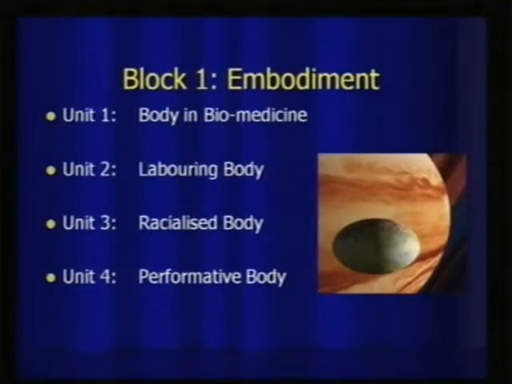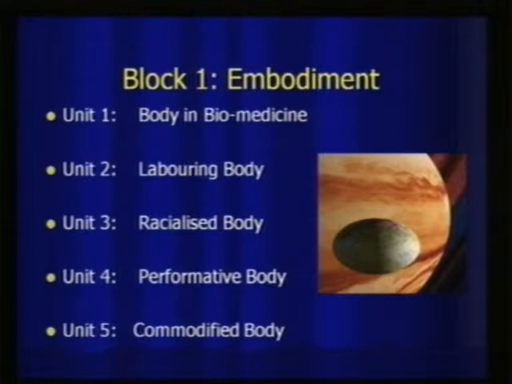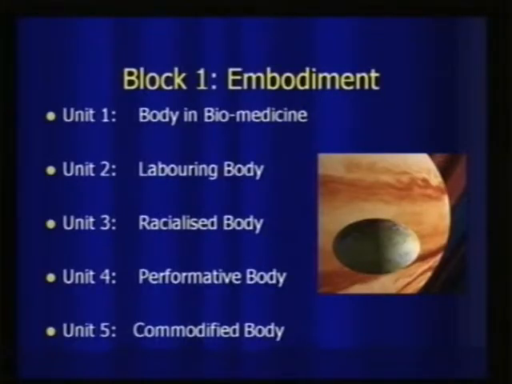The third unit talks about racialized body. The central theme of this unit is that the construction of pure race, or the notion of pure race, has led to the marginalization of women of different color in society.